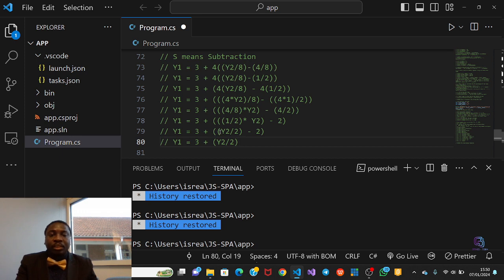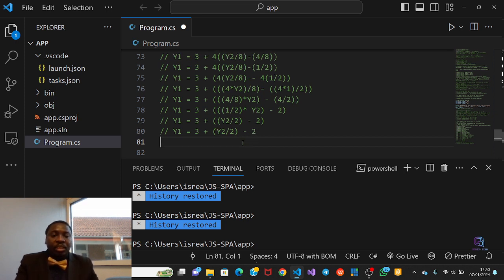So it's just 1 times y2 divided by 2, then 1 times 2, that's minus 2. So I can just write y1 is equal to, since we have this separately, we can move to the addition. So we can have 3 plus y2 divided by 2, minus 2.